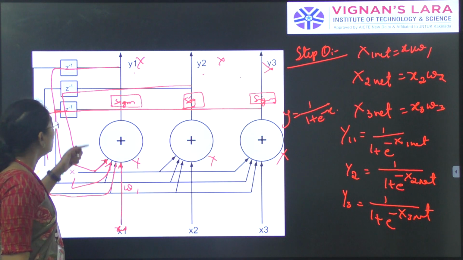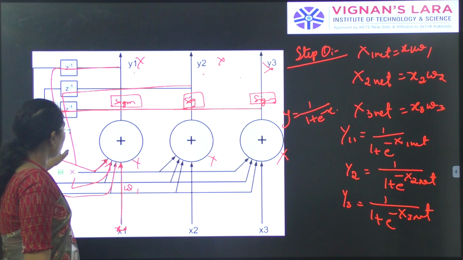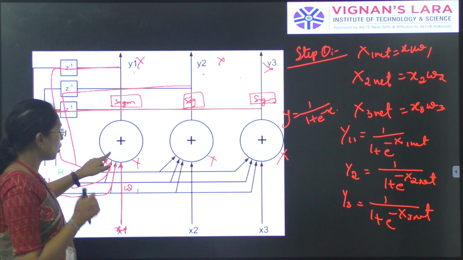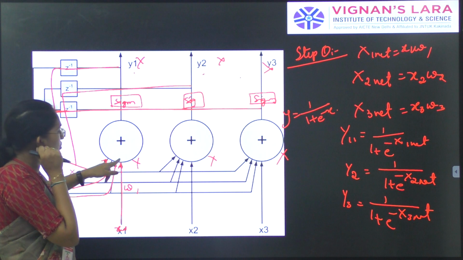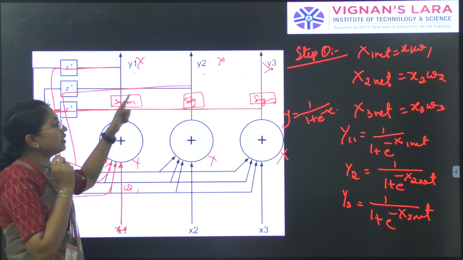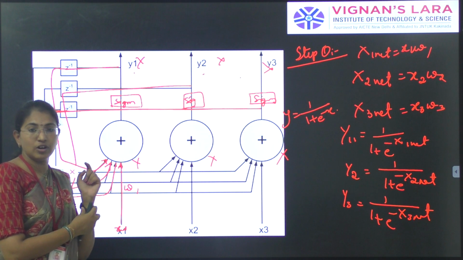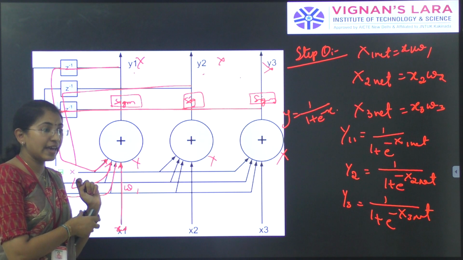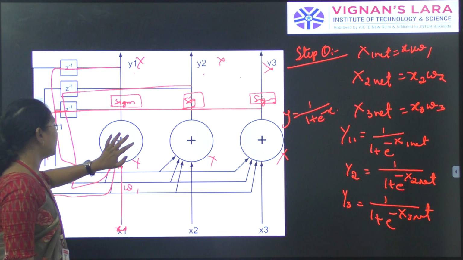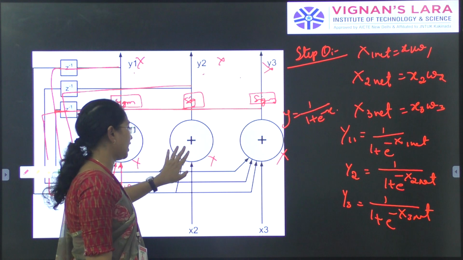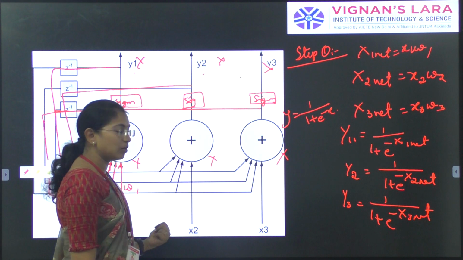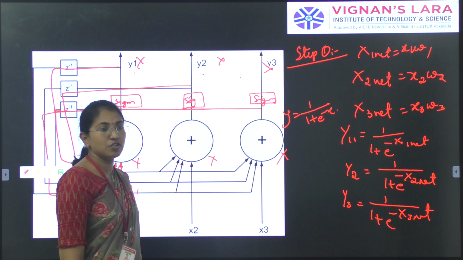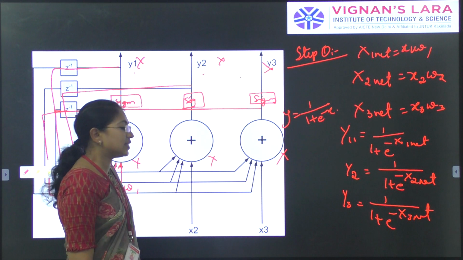Now, y1 is fed as one of the inputs to the first input. y2 is also fed as one of the inputs to the first input. y3 is also fed as one of the inputs for the first input.